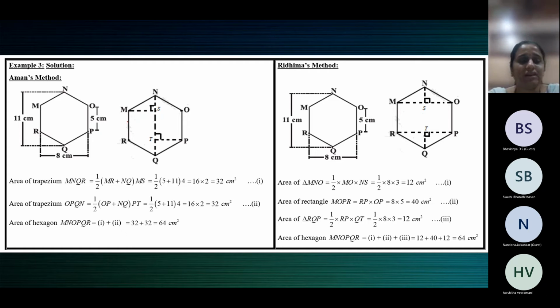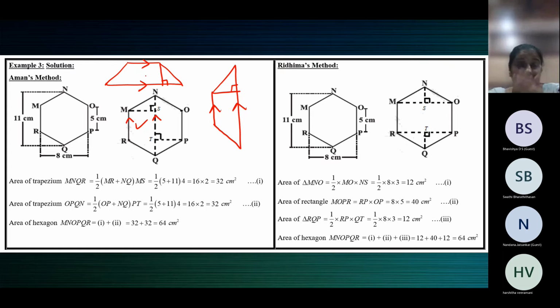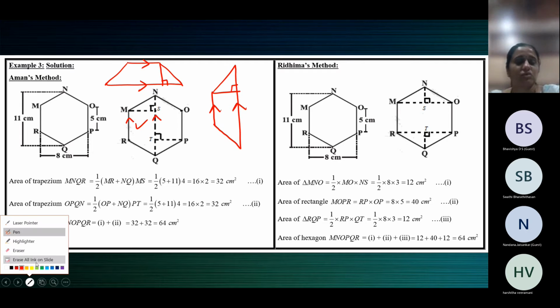The trapezium is rotated. Just turn it, it will look like this. Yes or no? Bhavishya? Yes, ma'am.